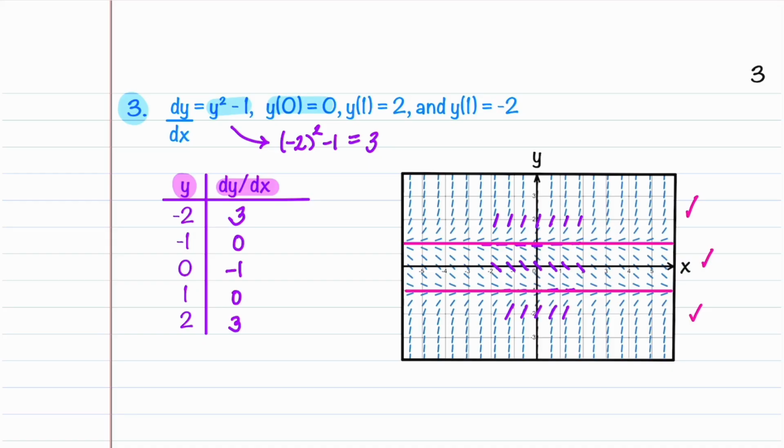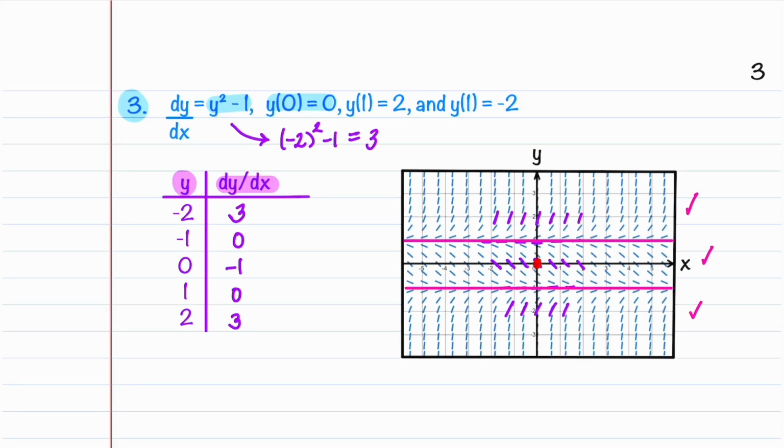Y of 0 is equal to 0. That means we're going to start right here at the origin, and our solution curve is going to look like this. It's going to start on this line, and it's going to come down, and then end on that line. For our second initial condition, we have y at 1 is equal to 2.